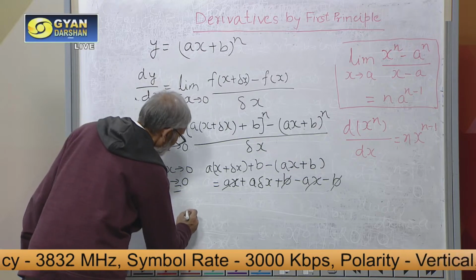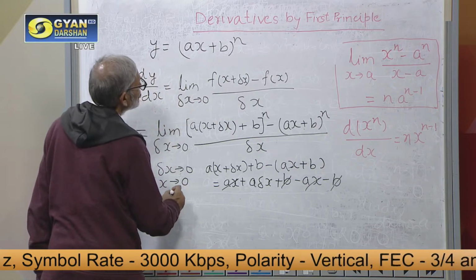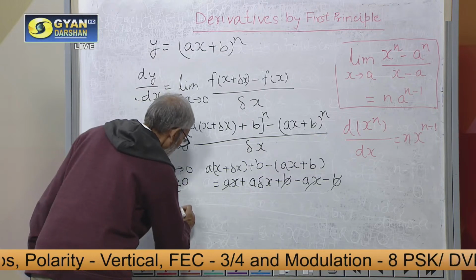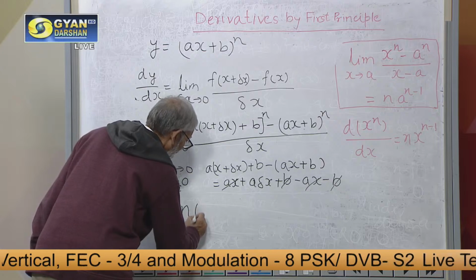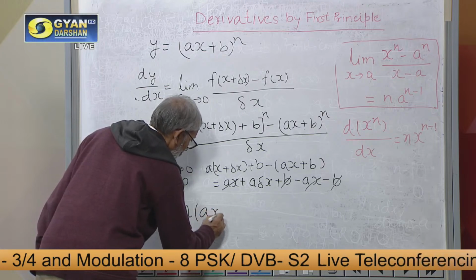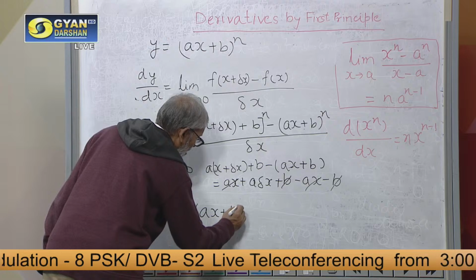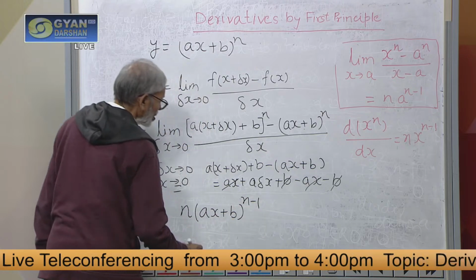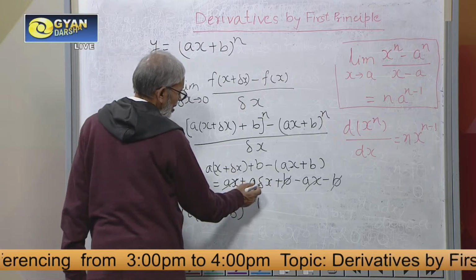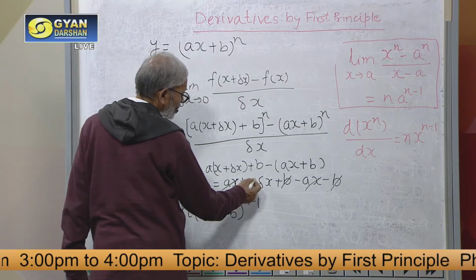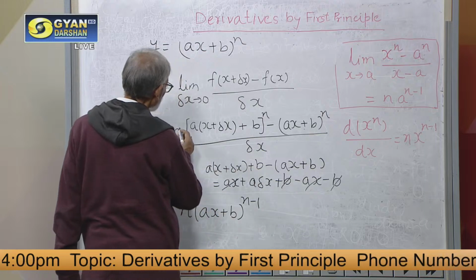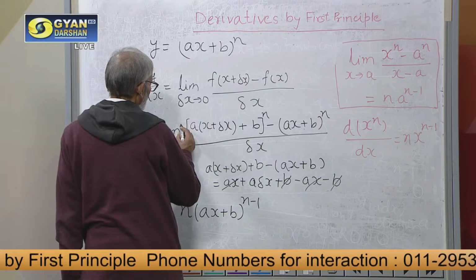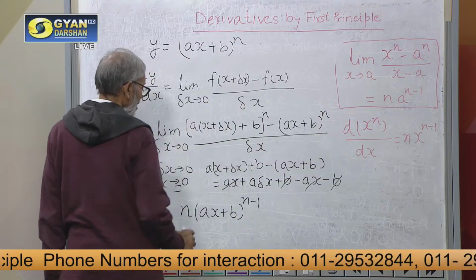It will be n (a x plus b) to the power n minus 1, and since we have to put a dx, we have to multiply it here by a.